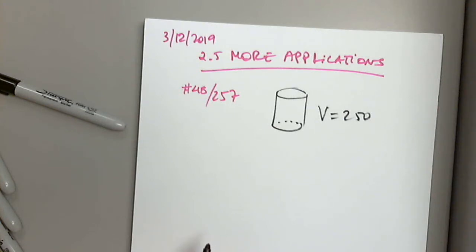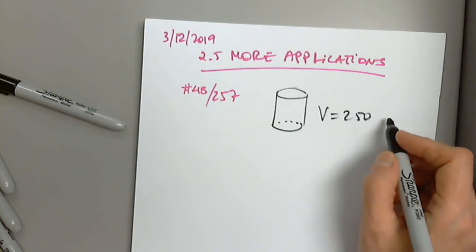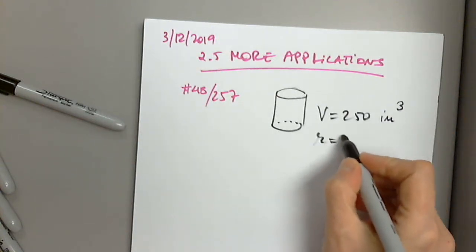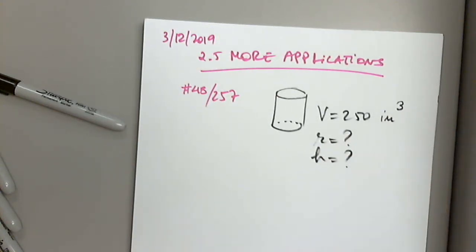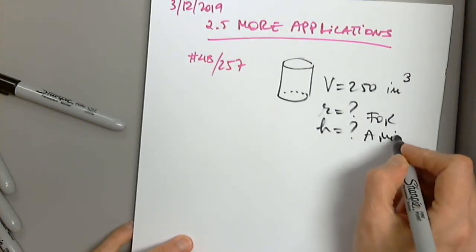Is that correct? Is the volume measured in squared inches? Very good. So cross that out and change it to cubic. What dimensions, radius and height? Find the radius and find the height that will minimize the surface area, for a minimum area.